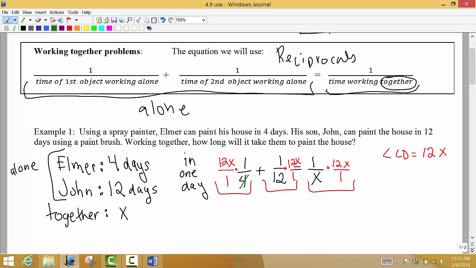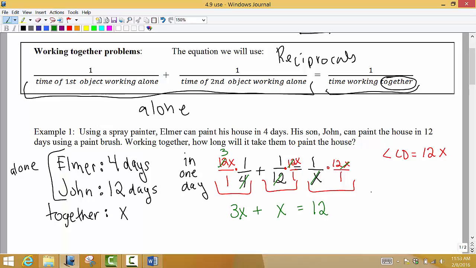So 4 goes into 12 3 times. So for that first simplification, we're left with 3x. For the next one, 12 goes into 12 1 time. So we're left with just x, equals. Notice I brought down my plus sign and my equal sign. And then on the other side, x and x cancel, so we're left with just 12.